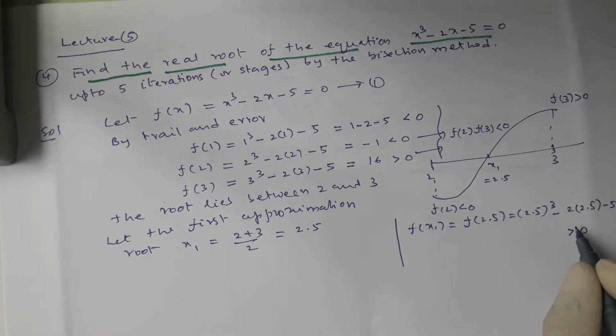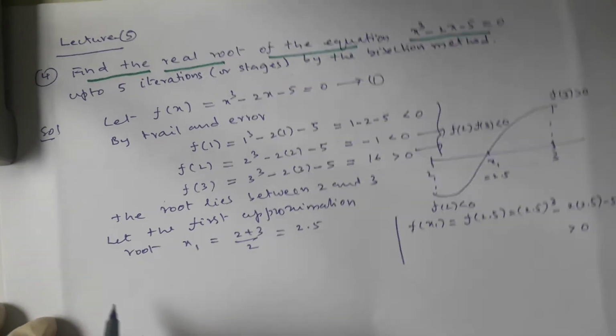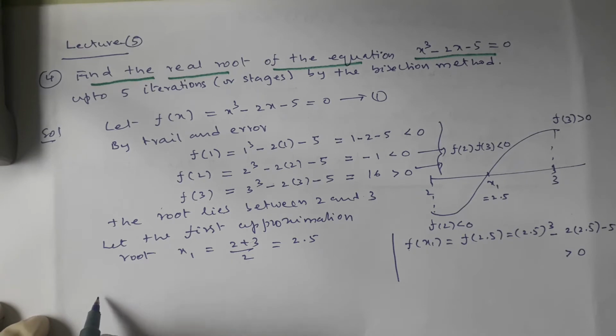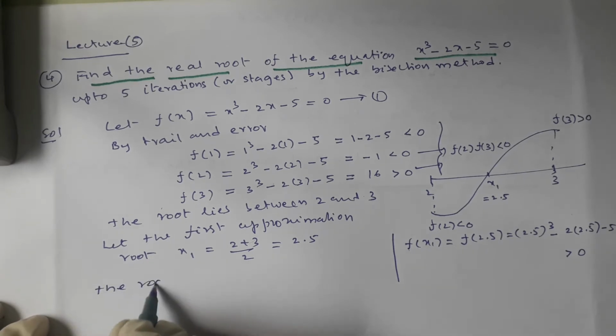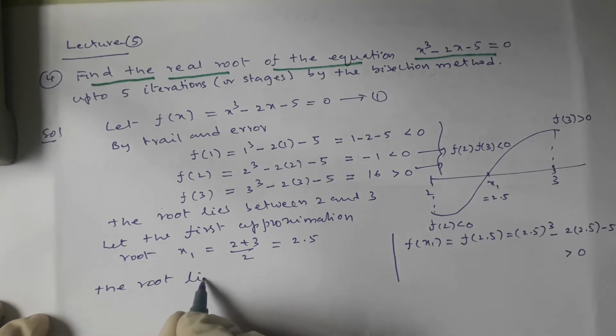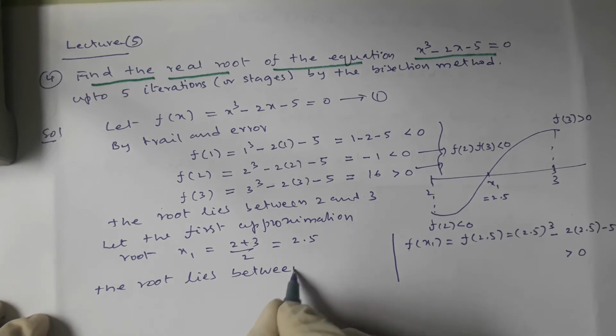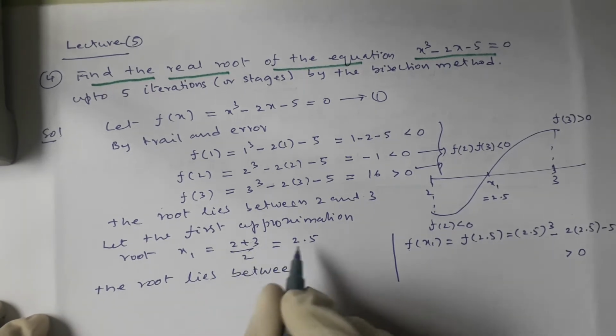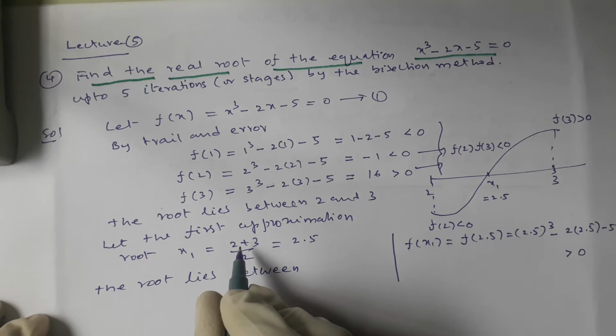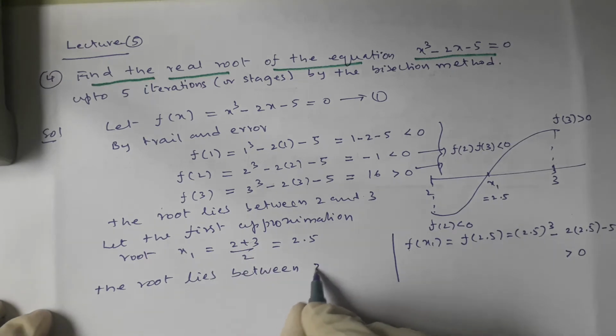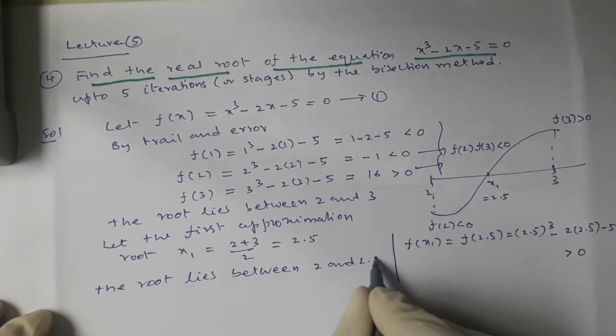So whenever this value is greater than 0, the root lies between 2 and 2.5. As 2.5 is positive, we go to the left side, it is 2 and 2.5.